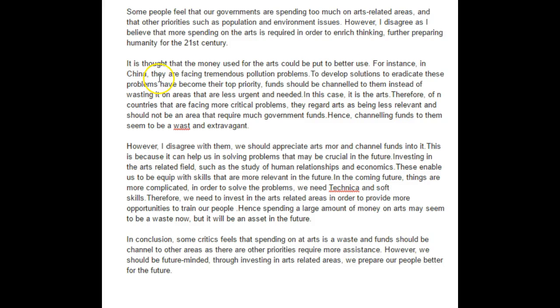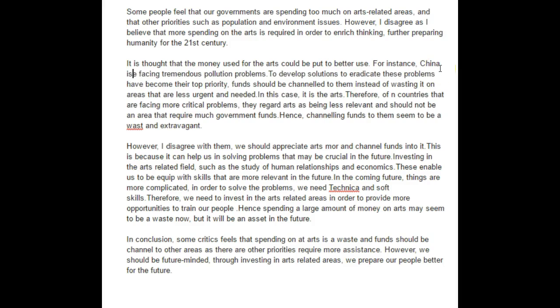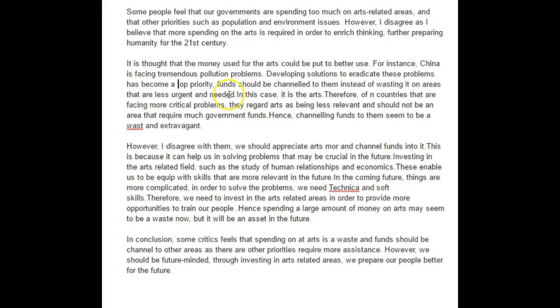For instance, in China, we could just say, for instance, China is facing, and then we can remove this personal pronoun. China is facing tremendous pollution problems. Here I would say developing solutions to eradicate these problems. Developing solutions has become a top priority.